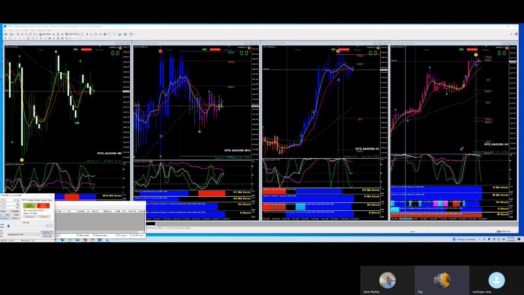Gotta wait for the H4 to either get back in sync or the 13.3 to come out. The good thing about this, if this stays up here, then now we have a trend trade on another trend trade on the 4 hour, correct, which will give us a next leg up. Right. So right now we are only looking at the 4 hour to see what it's going to do. All right.